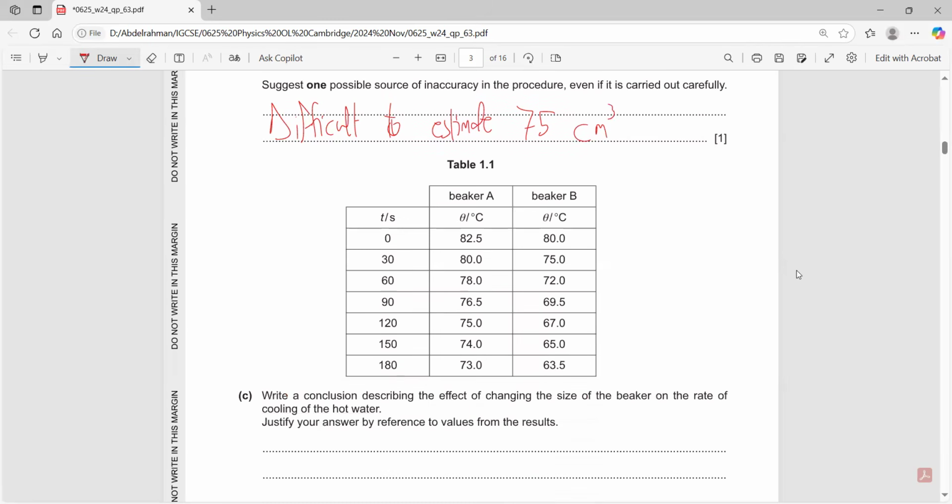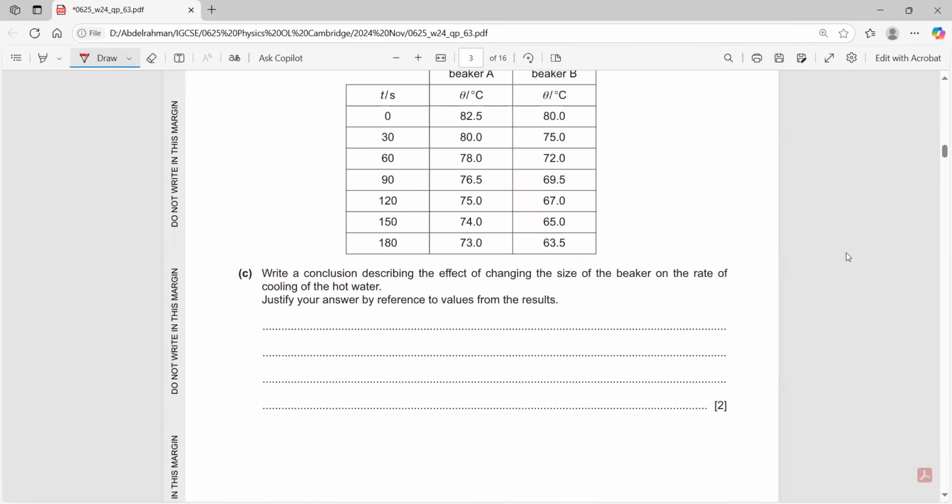Okay, so table 1.1, you have beaker A and beaker B. Write the conclusion describing the effect of changing the size of the beakers. So beaker A was smaller, beaker B was larger. Difference between the starting and ending temperatures of A is 9.5 degrees Celsius.